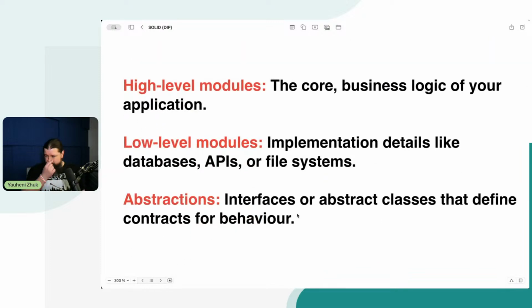Let's decompose these statements a little. What are high-level modules? High-level modules are software modules where all business-related logic is aggregated, like control flow, everything related to the business logic. It depends on the particular application. But low-level modules are modules where really detailed things are implemented, like APIs.